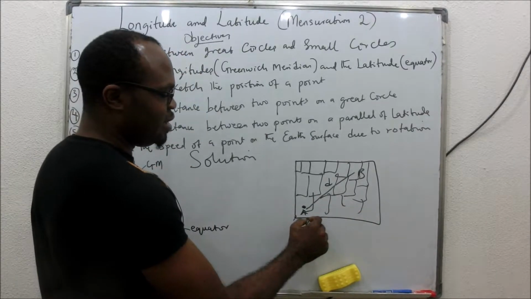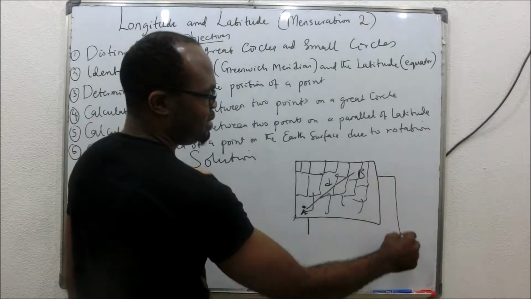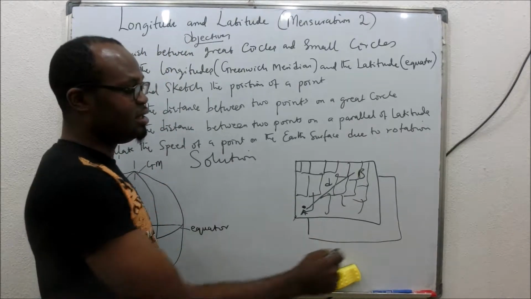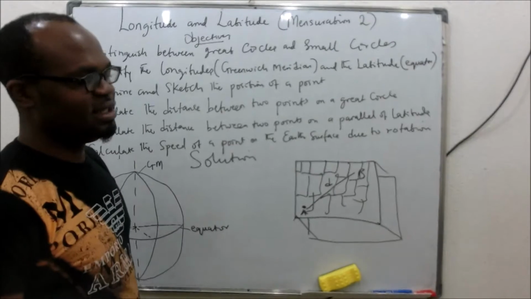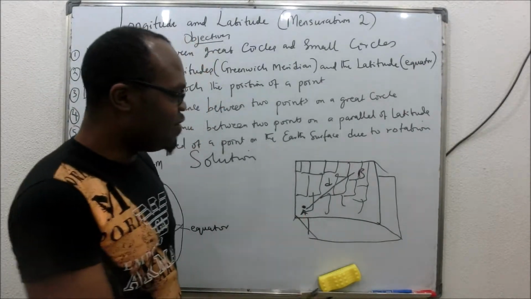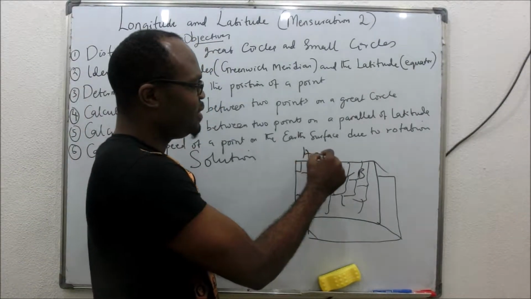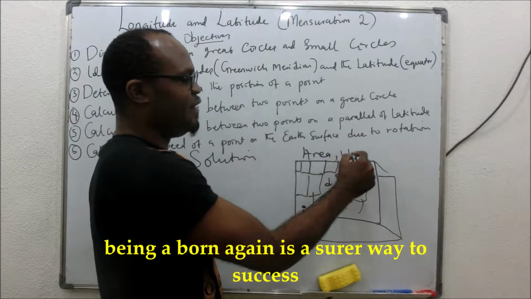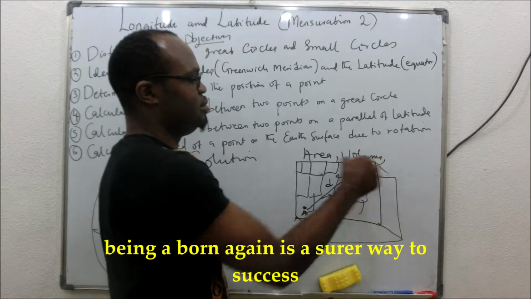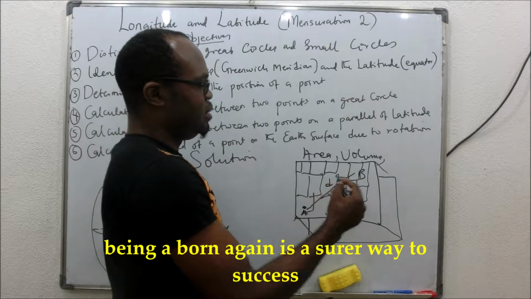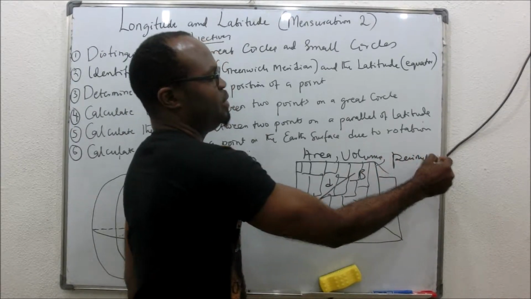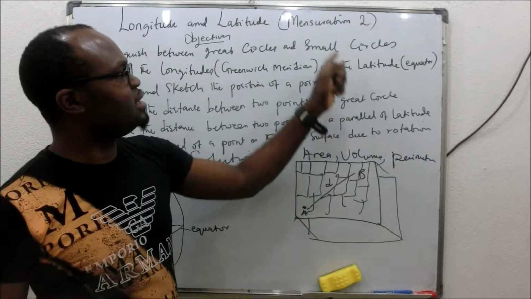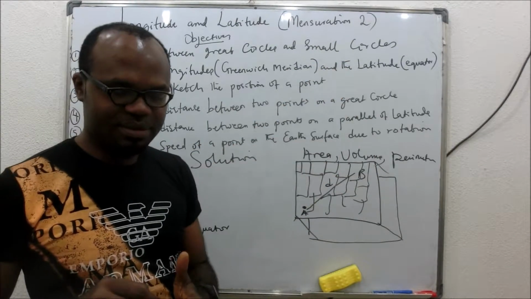Or if this object is a solid object and you want to know the volume of this object, you can study either the area, the volume, or the perimeter. You can do all these studies under mensuration.